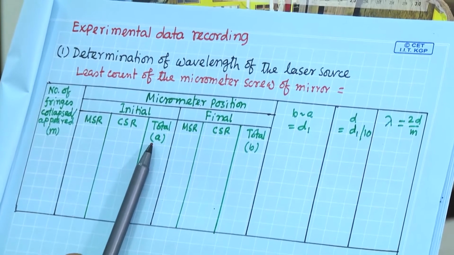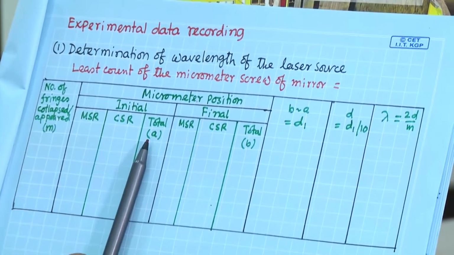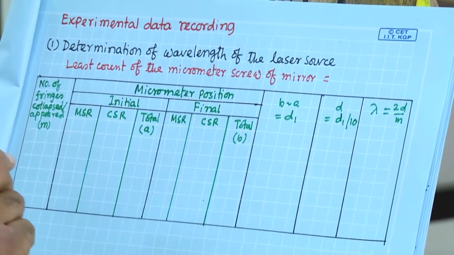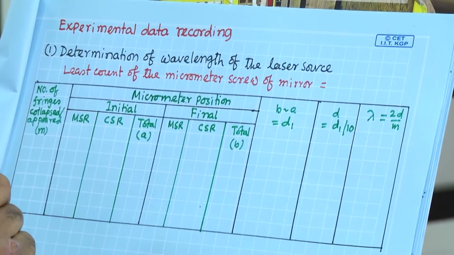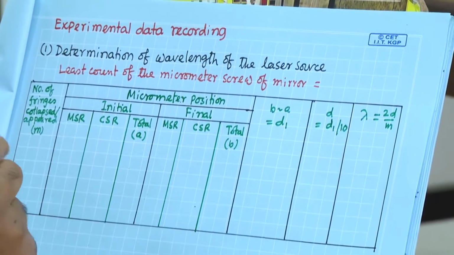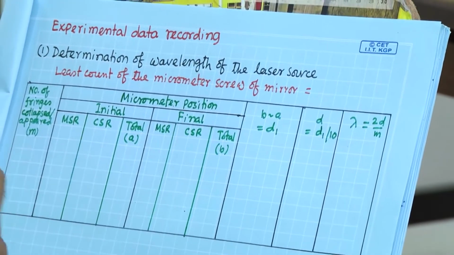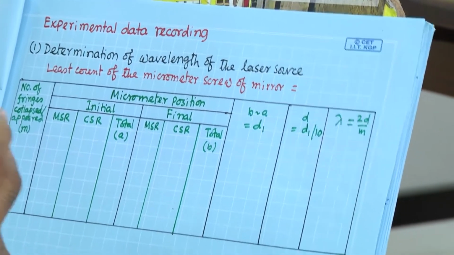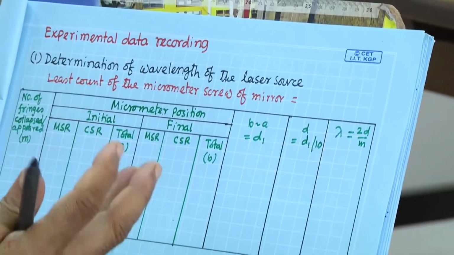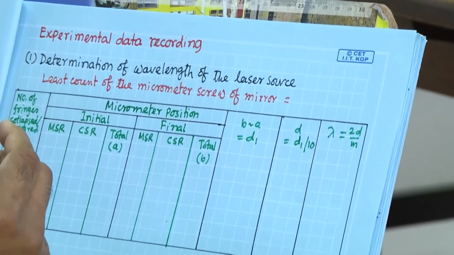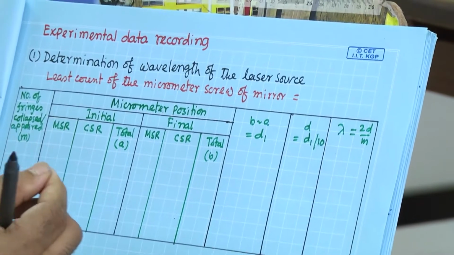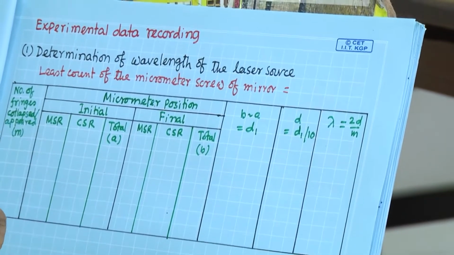Say it is A. Then we will change the distance and count the number of fringes collapsing.